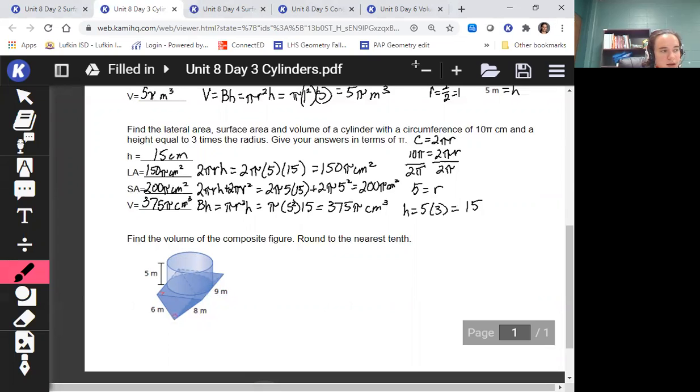So we need to find the area of our triangle. So 6 times 8 divided by 2. And I know that the 6 is the height of the triangle and the 8 is the base of the triangle. And that gets me 24.